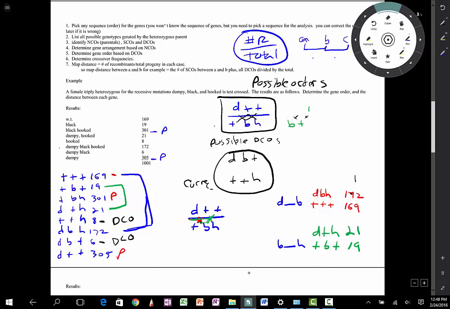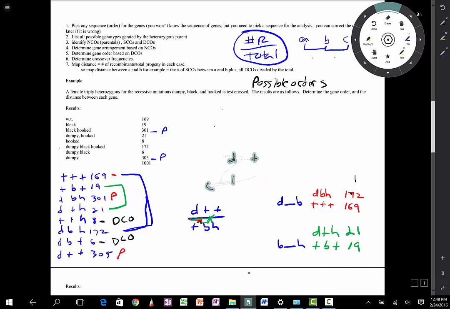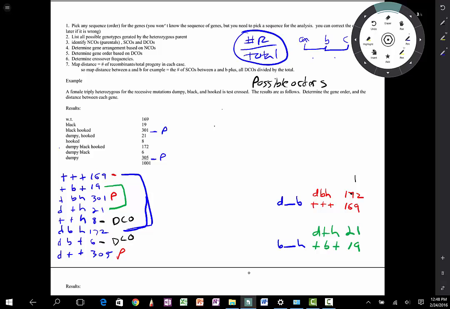So we just do some calculations at the end. All right, so I'm going to rewrite. So what we know is, put our cross back up on there.